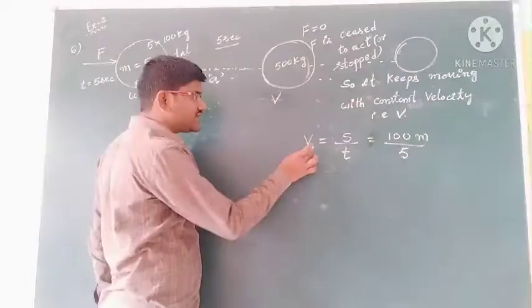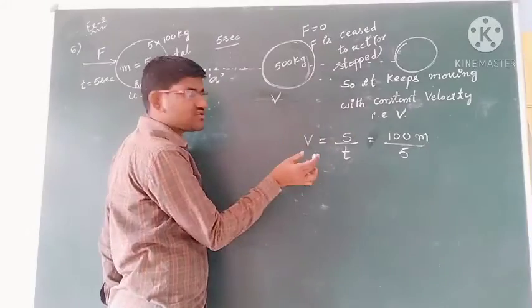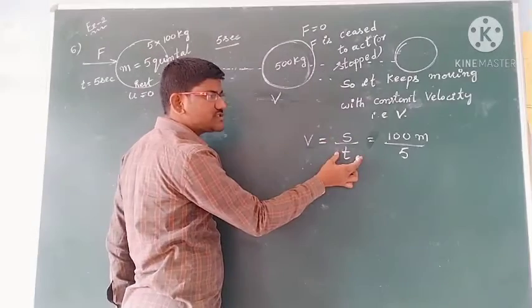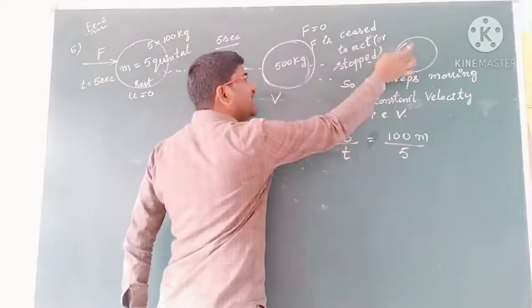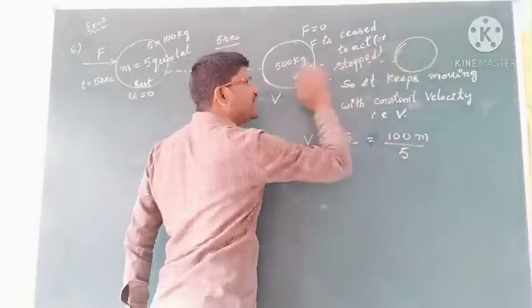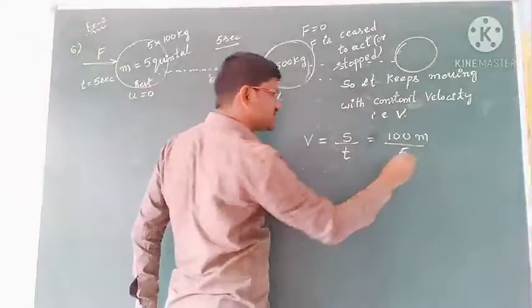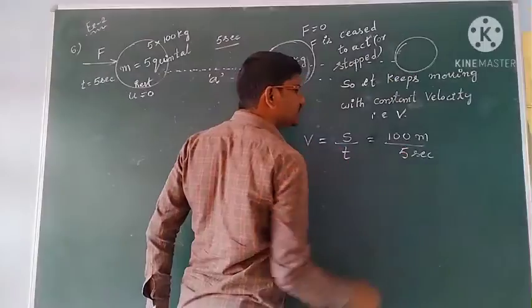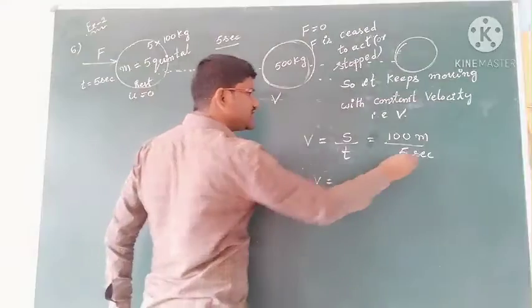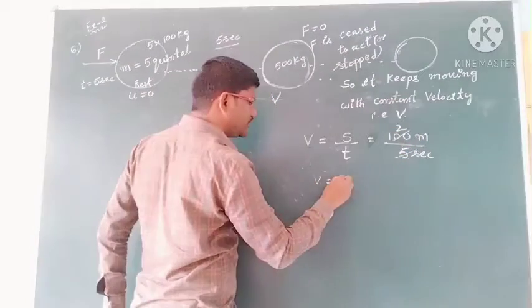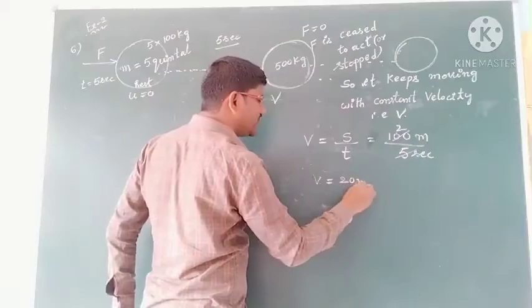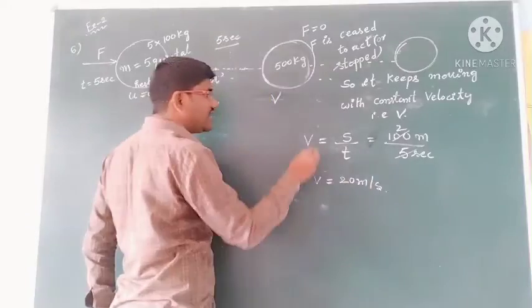Okay, students, because it is moving with a constant velocity, no acceleration, velocity is equal to displacement by time. It moved 100 meters in 5 seconds. Then this v is equal to 100 by 5, you can write. So 20 meters per second is the final velocity you are getting.